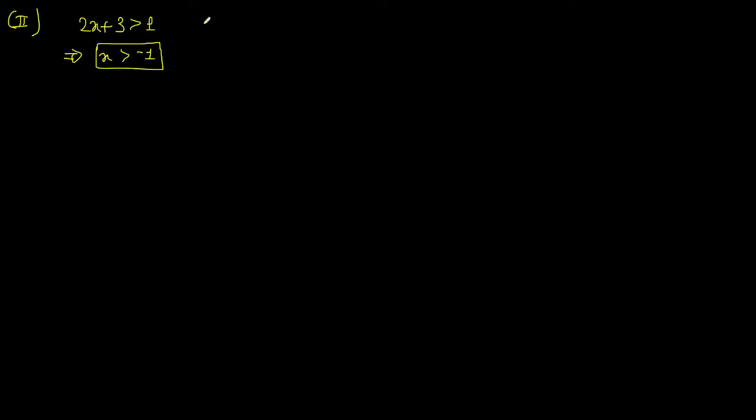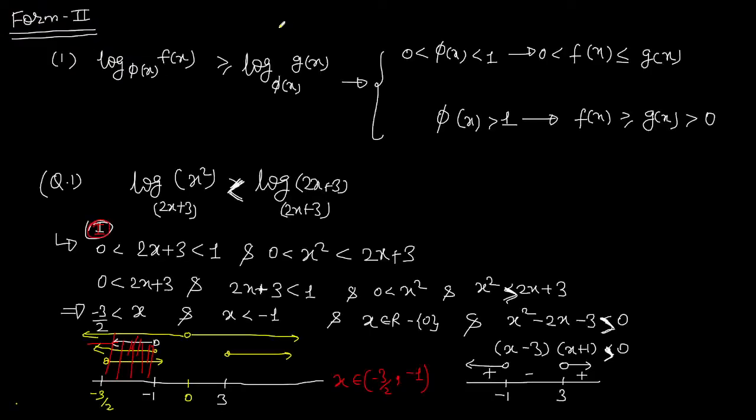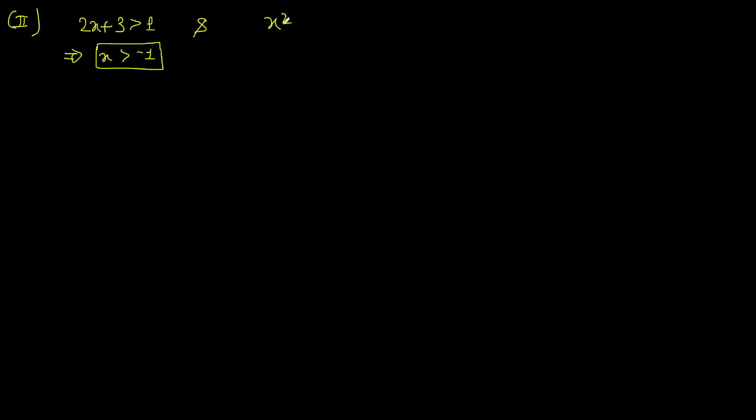And if it is there, x square inequality will stay unchanged. So x square is less than 2x plus 3. So here if we solve x square minus 2x minus 3 less than 0, we are getting the same thing, x minus 3, x plus 1.